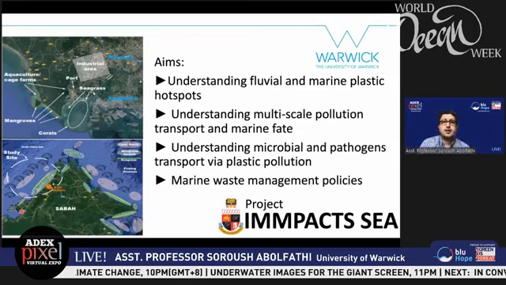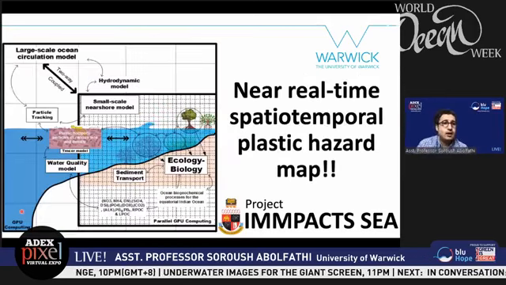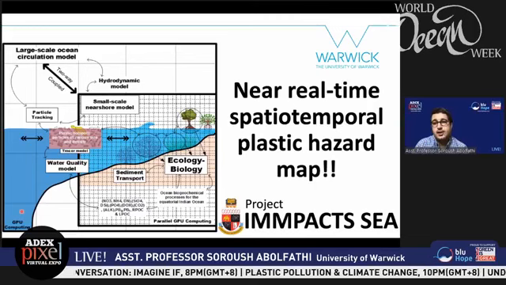And my last slide, sorry that I talk a lot, I usually talk more. So what we're trying to achieve with this Impact C project, we are trying to create for the first time a near real time model of spatiotemporal plastic hazard.